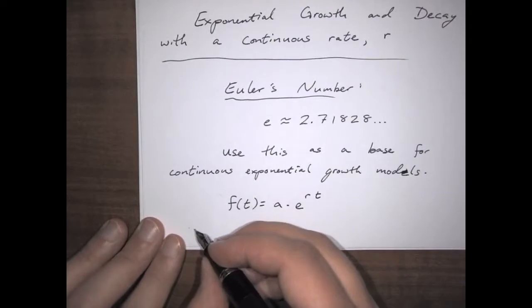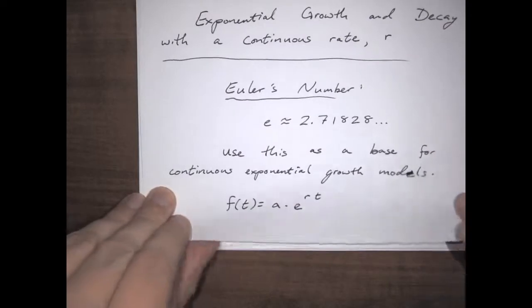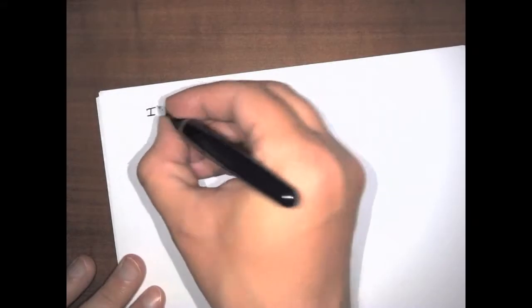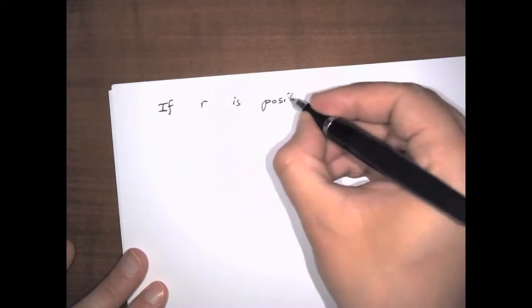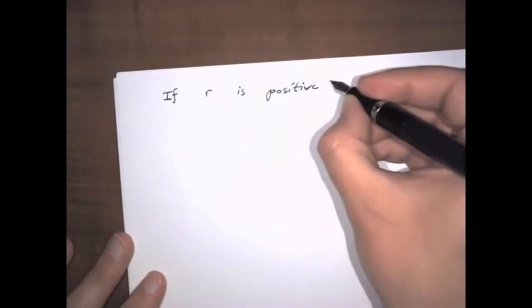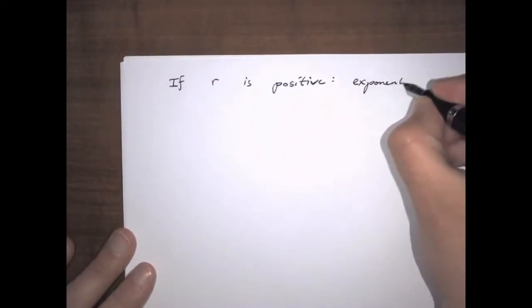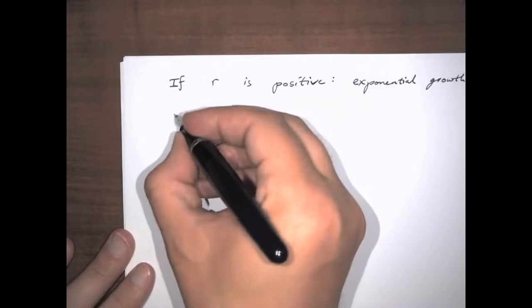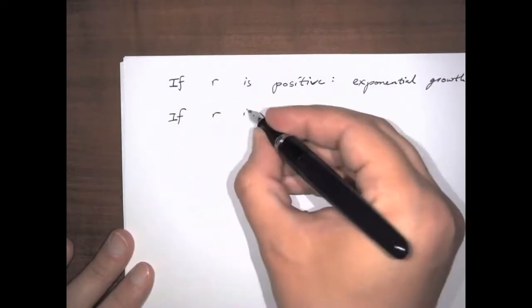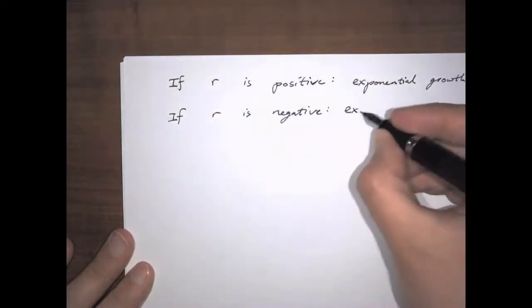So if r is positive, then that will mean it's growing. If r is negative, that will mean it is shrinking. If r is positive, this means exponential growth. If r is negative, then exponential decay.